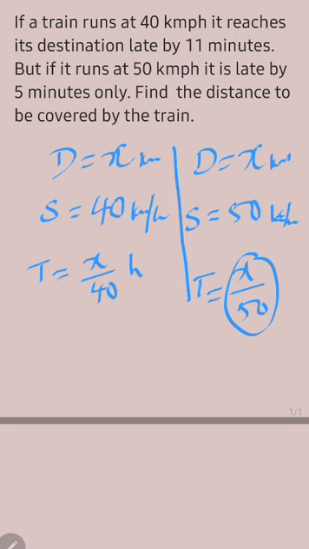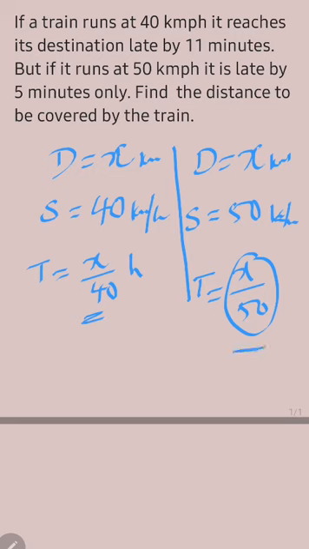But why do we have to find the time? Because we have to take the time difference, because the equation is very important. How to make the equation? Here we know distance, speed, time, but how to form the equation, that is very important. For that, we have to take the time difference. What is the time difference? This is the time if the train travels at 40 kilometers per hour, and this is the time for 50 kilometers per hour.